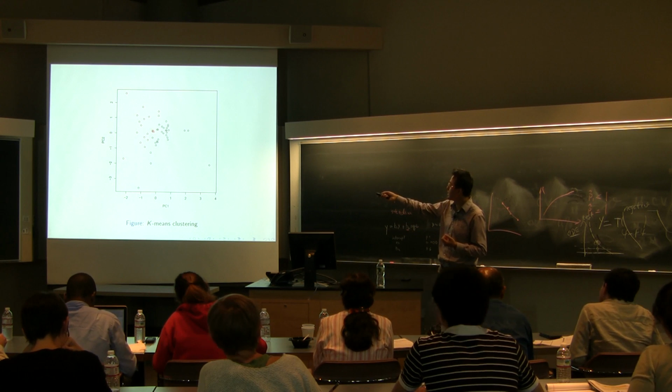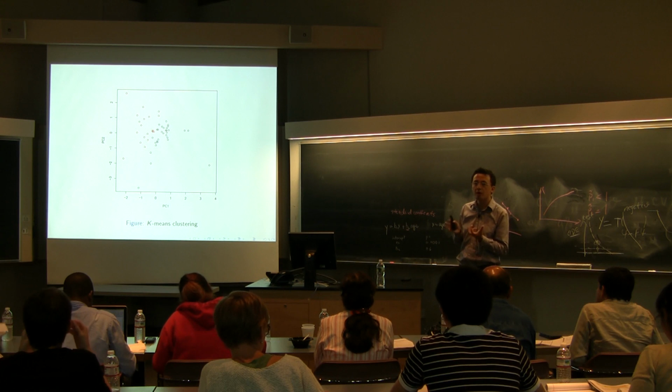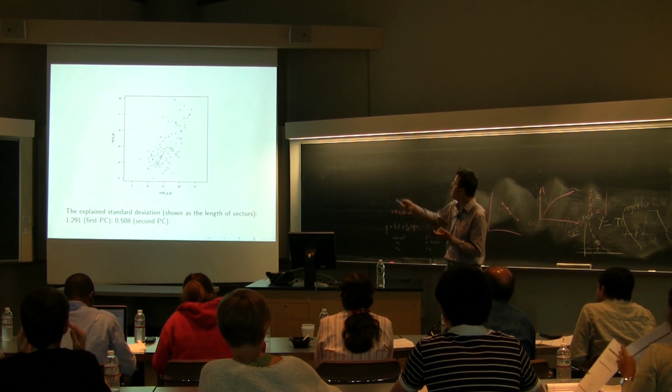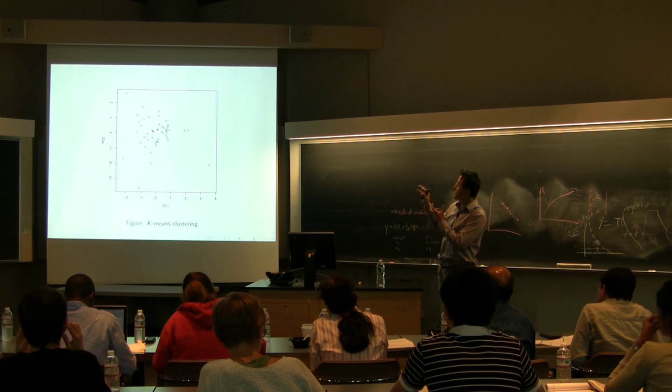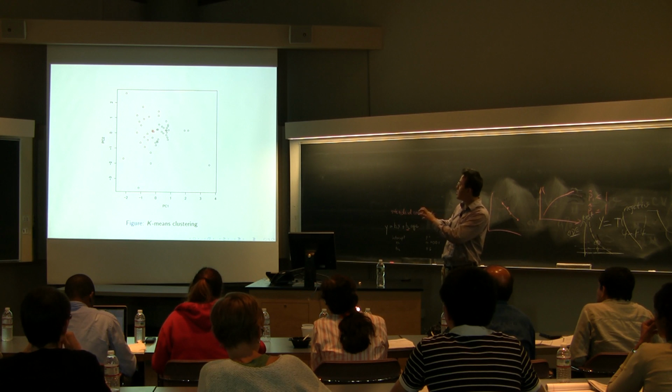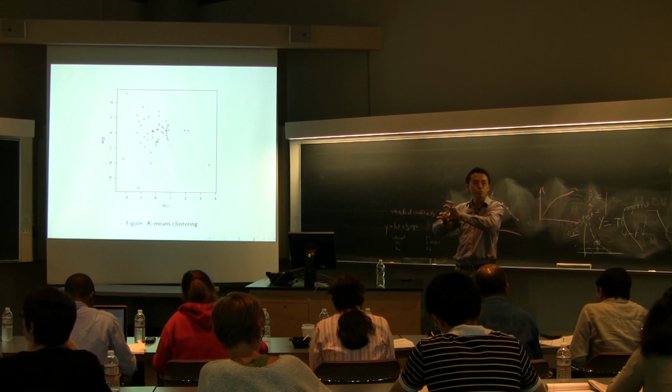Here I changed the x and y axis a bit. I just use the principal components, which I identified in this analysis, and also do the scatter plot of all the samples. And then if I use this k-means clustering, it's going to cluster our samples into two groups.